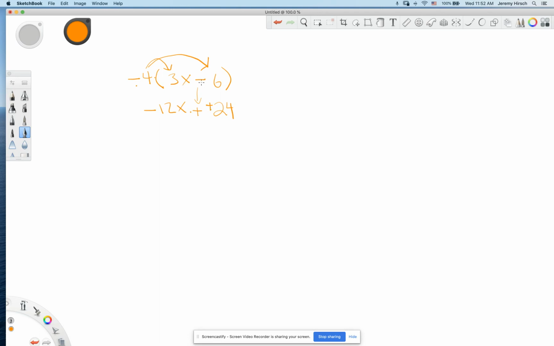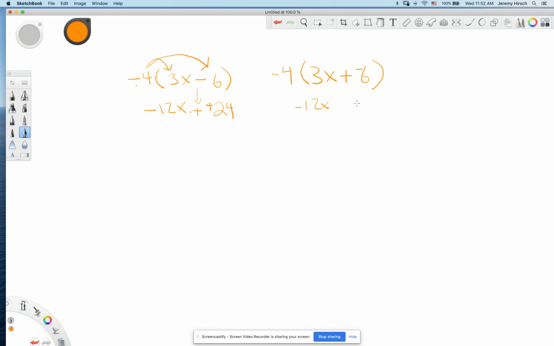Now, there is another way we could do this. Instead of 3x minus 6, when you are subtracting, it is like adding the opposite. So we could say 3x plus negative 6. Then negative 4 times 3x is negative 12x.